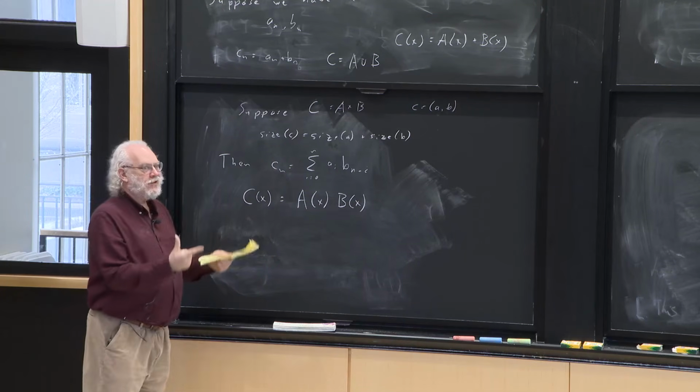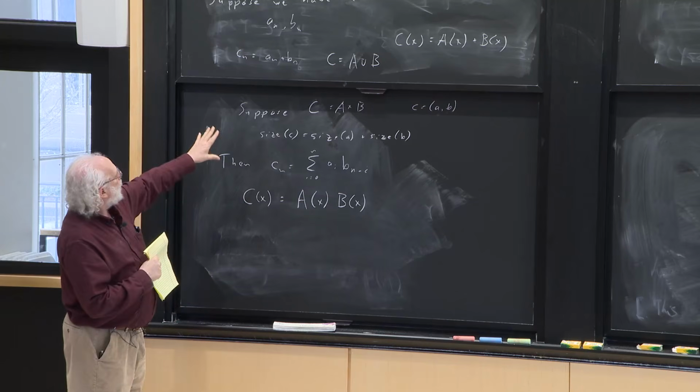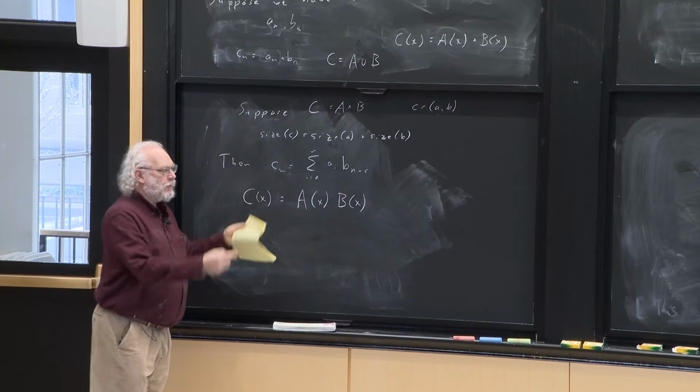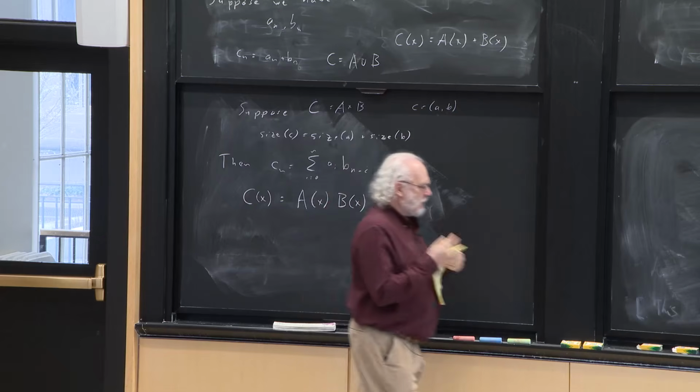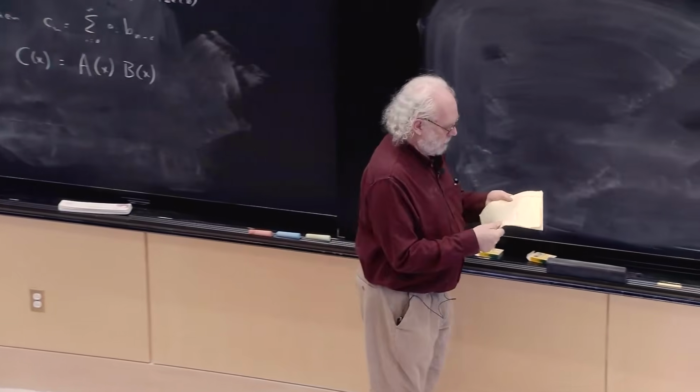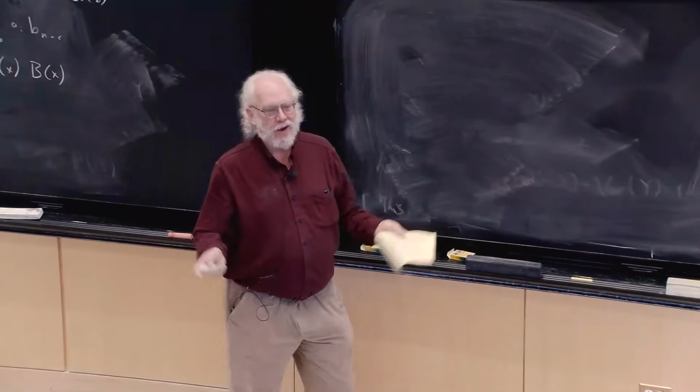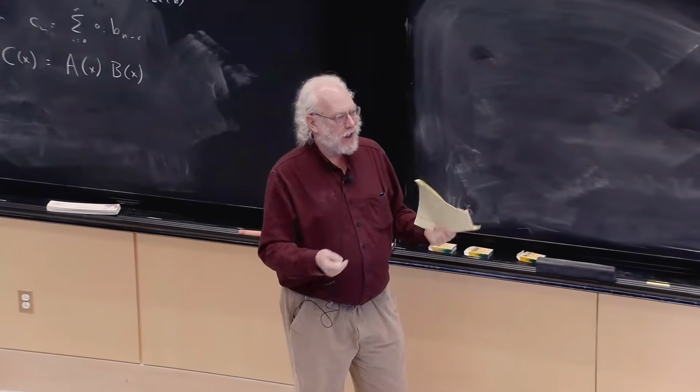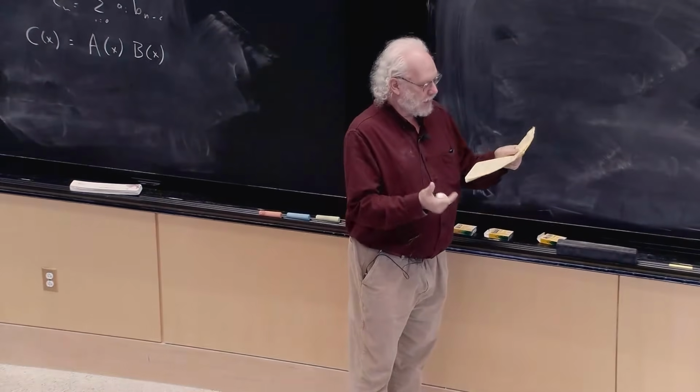And there's one last way of manipulating generating functions that I did not discuss last time. Actually, there's more than that. I mean, you can differentiate them and integrate them, but I gave you an example of that last time.